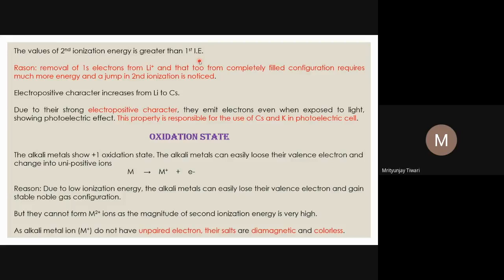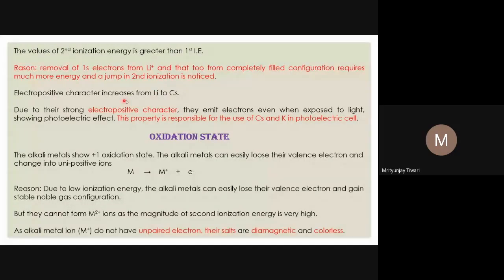According to the octet rule, to get the electronic configuration of the nearest noble gas, it requires the removal of one electron. So once one electron is removed, the cation gets the configuration of the nearest noble gas, and that configuration is very stable, and so removal of a further electron is much more difficult.